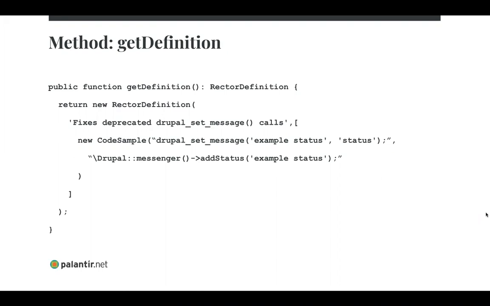And then you can create this object, which is called a code sample, and you can say, this is the old example and the new example is the simplest thing. I've seen that in a lot of these Drupal Rectors. They call them Rectors, I guess. This is a pared down version to make it fit on the slide, but there are other examples in the Drupal Rector project.